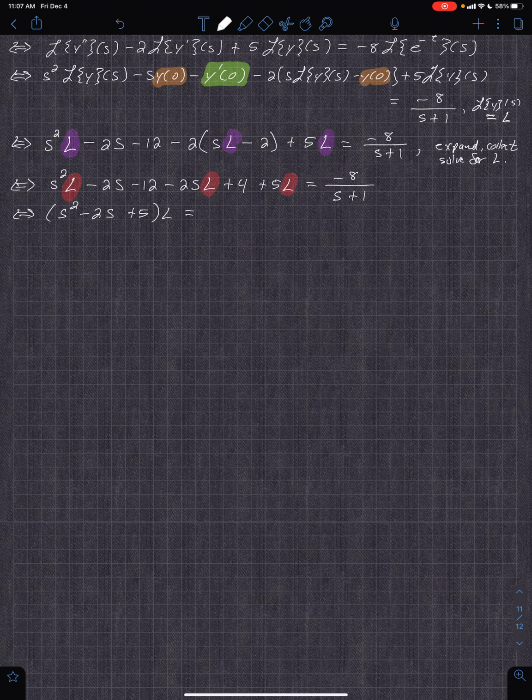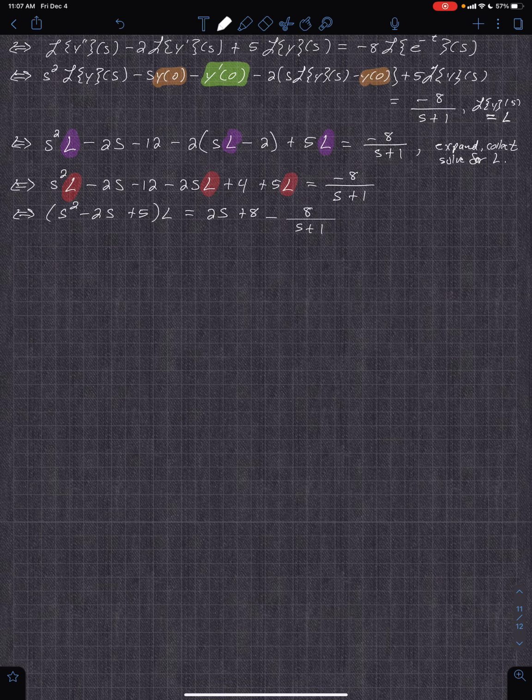Equal to 2s. And then let's just add those up. So that's going to be my negative 8, and so you get a plus 8 over here. So it's plus 8, and then minus 8 over s plus 1.